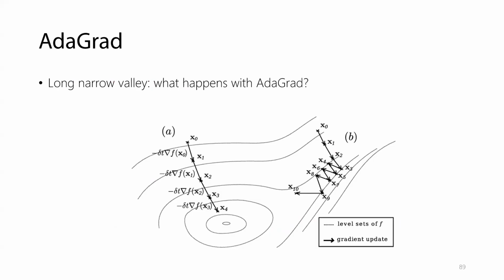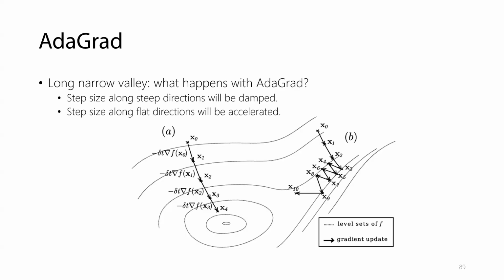That can be quite useful, especially for long narrow valley situations, because you have a gradient that is not pointing directly towards the minimum, and by having some scale normalization, you kind of perturb the details.